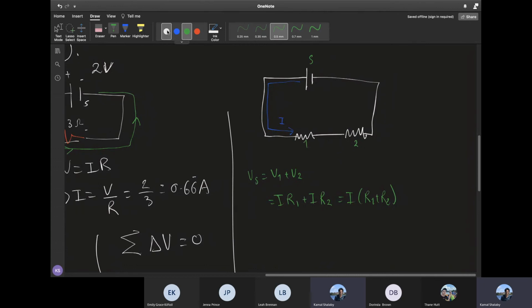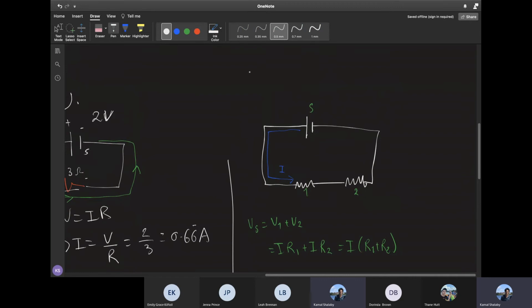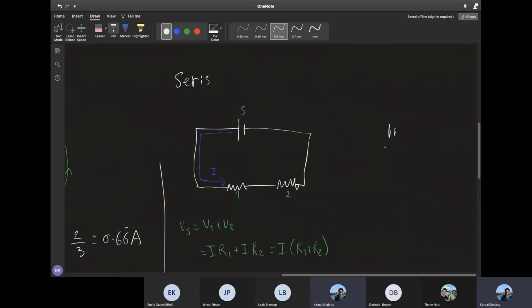If you have the following circuit, this circuit is called in series, right? Like this is in series. But then you have a different kind of circuit, which is called in parallel.